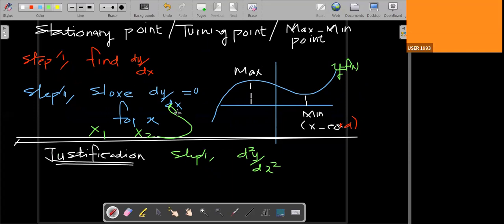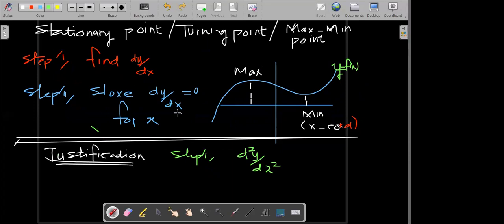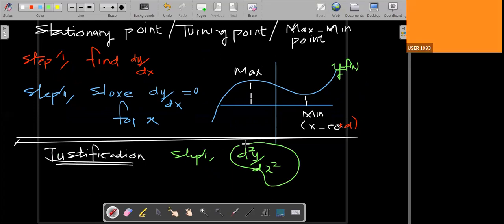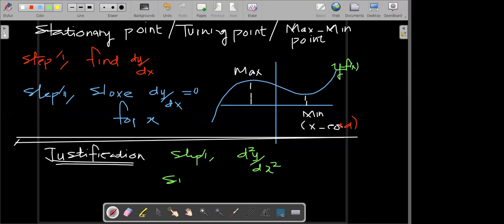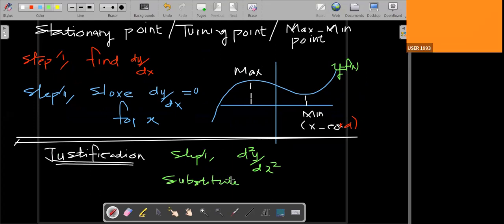So in the second derivative's expression or equation, substitute the x coordinates which you need to prove whether it's a maximum or minimum. For an example, if you got x equals 5 here, you just substitute x equals 5 into the second derivative's answer.